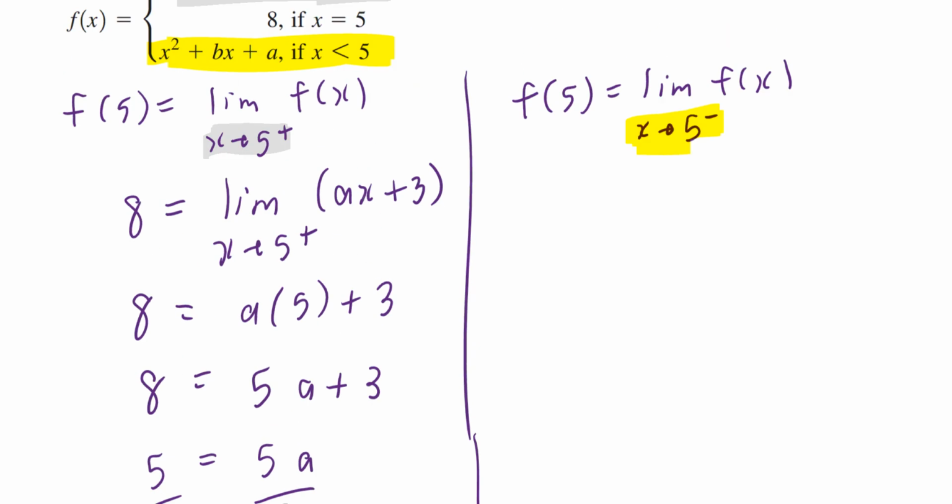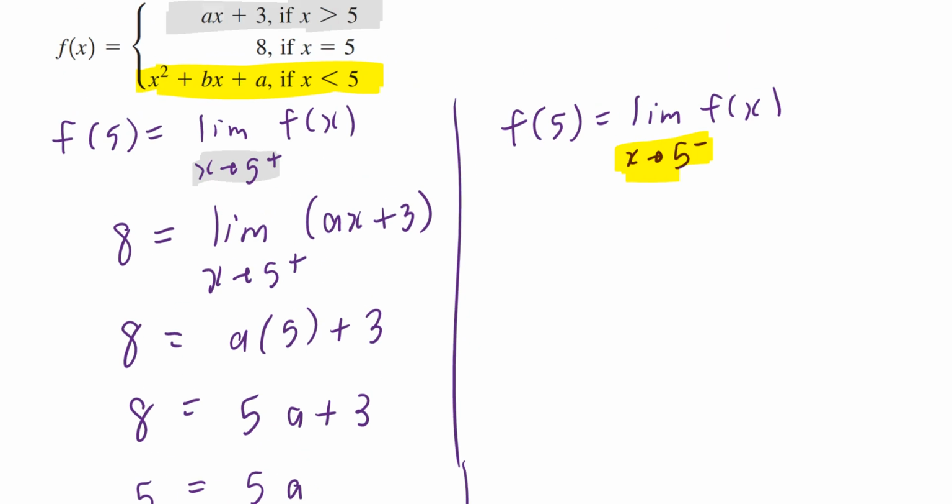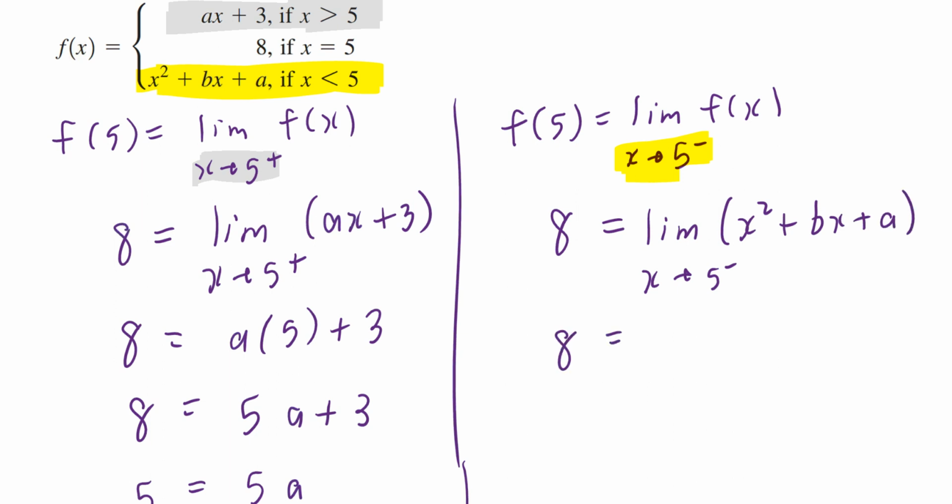Now, I go back to the second column. Again, f of 5 equals the left limit. And in this case, f of 5 is going to be 8. If I look at the left limit, I think about the limit as x is approaching 5 on the negative side of x squared plus bx plus a. Now again, I plug in 5 first.